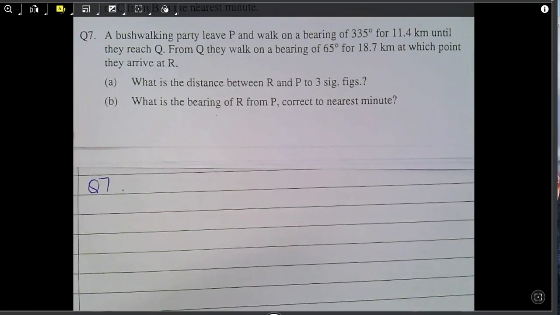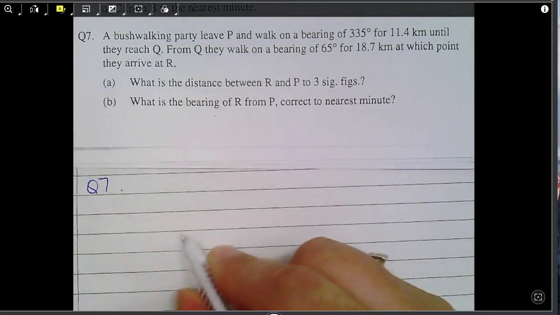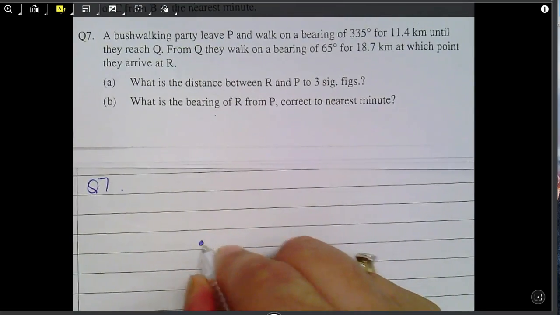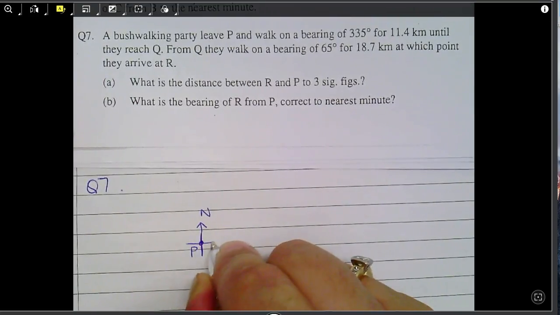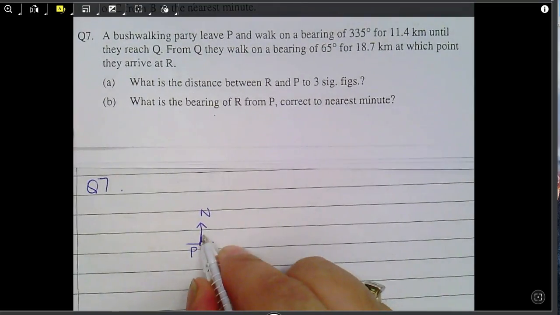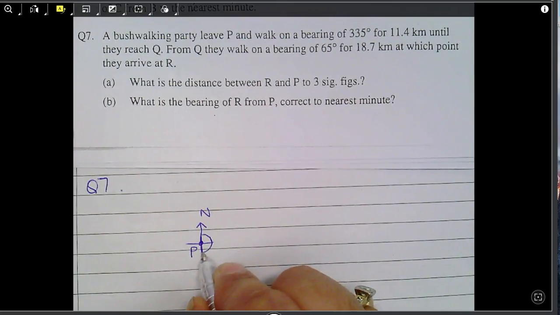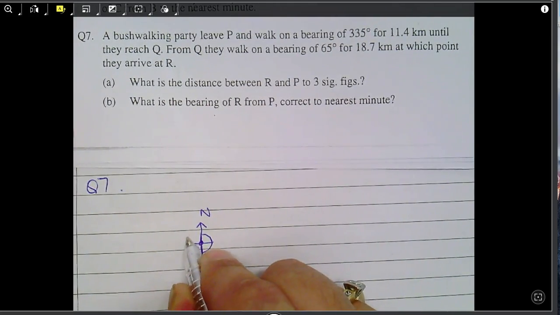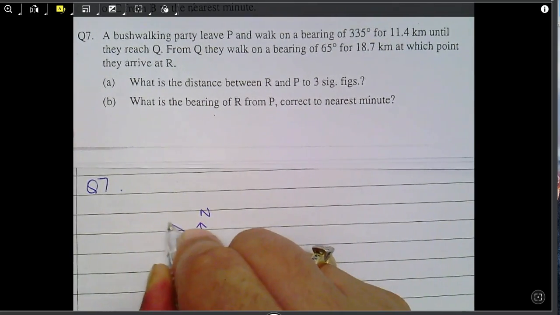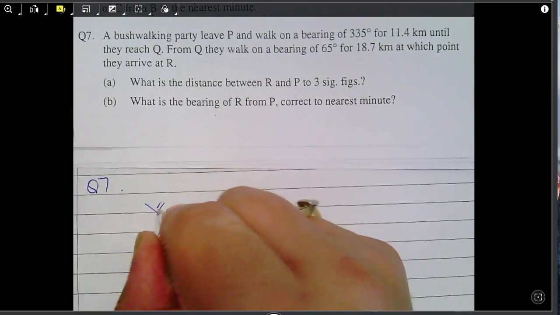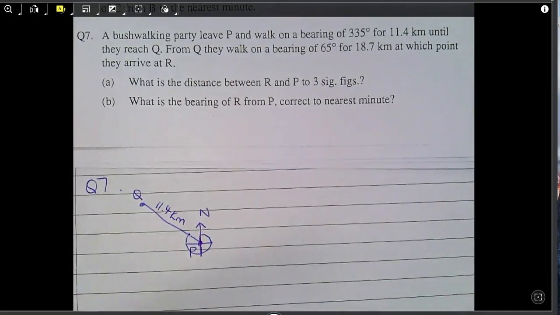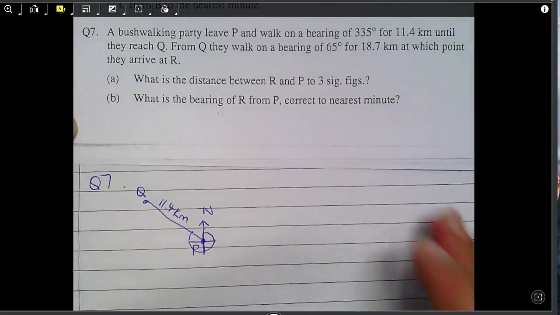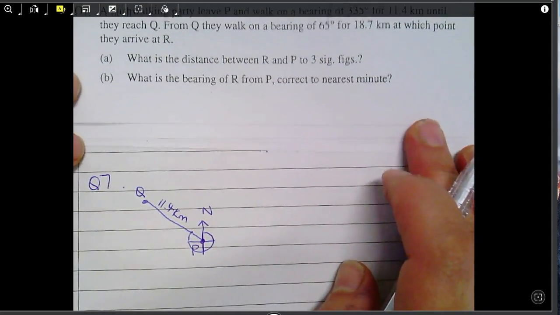A bushwalking party leave point P and walk on a bearing of 335. So there's P. Put a north sign. 335 degrees is 90, 180, 270, 335, somewhere up there. They walk for 11.4 kilometres until they reach Q. From Q, they walk on a bearing of 65 degrees.